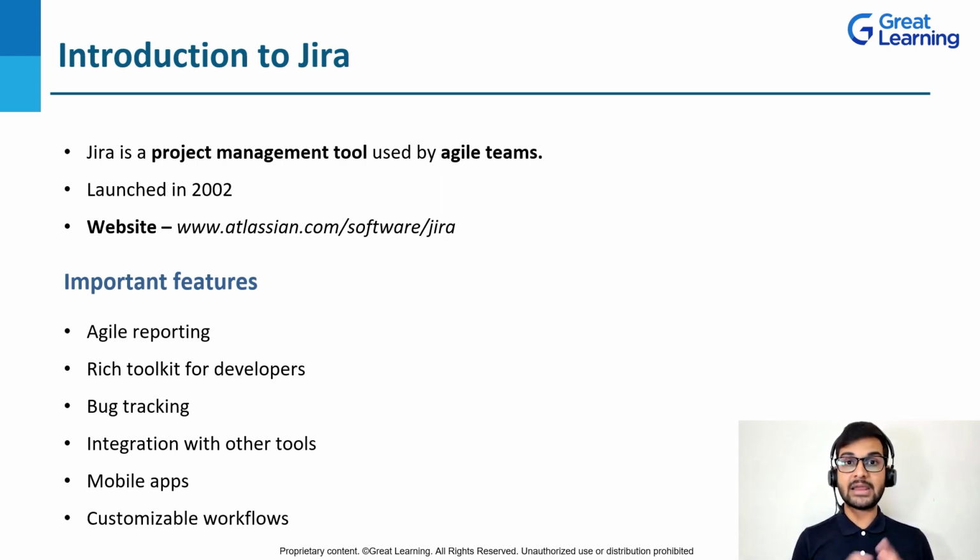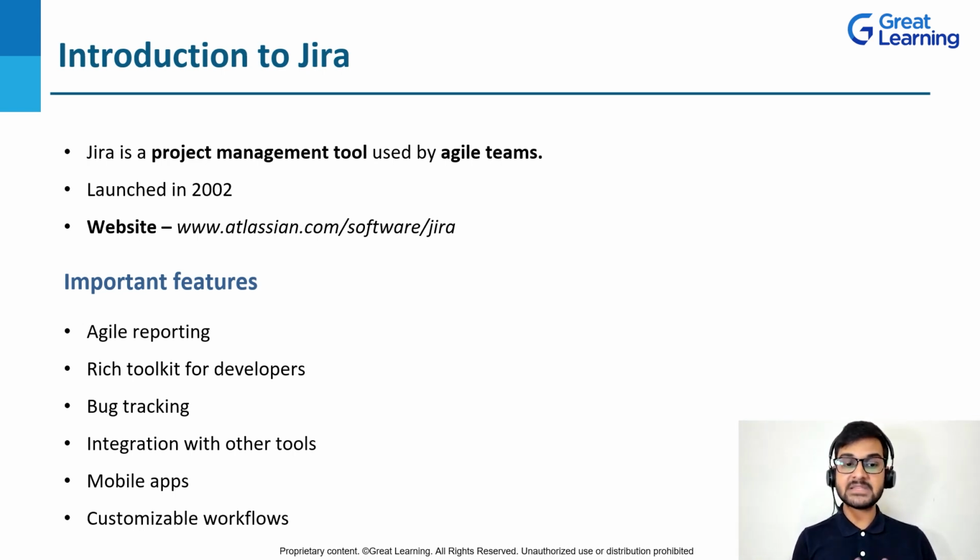We can do bug tracking, issue tracking, and integration with other tools as well. One important feature of Jira is that it integrates with other useful tools such as Slack, Microsoft Teams, and over 200 other tools, which makes the entire process very smooth when you're working on a large project.